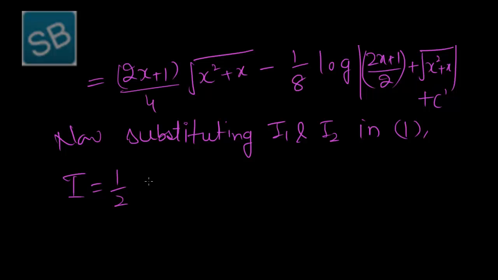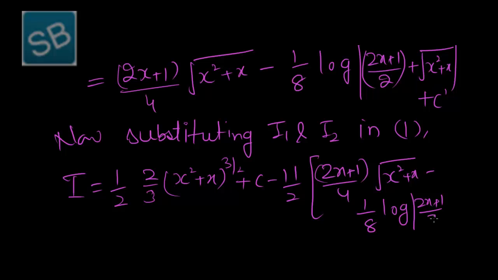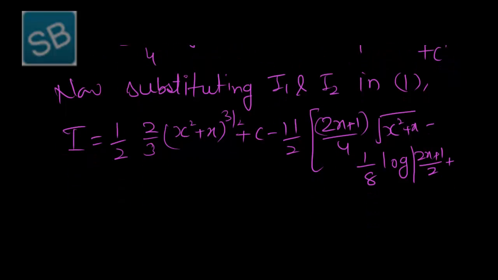Our I1 was 2 by 3 (x square plus x) raised to power 3 by 2, plus c, and we have minus 11 by 2, and I2 is (2x plus 1) over 4 under root x square plus x, minus 1 over 8 log of (2x plus 1) over 2 plus under root x square plus x, plus c dash.